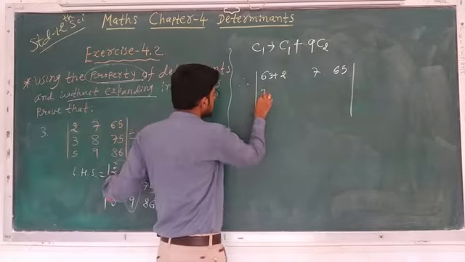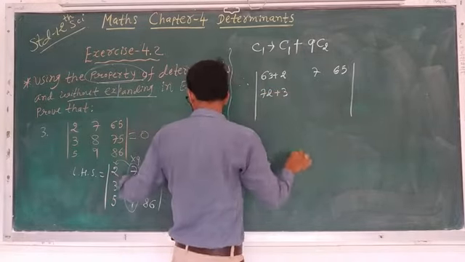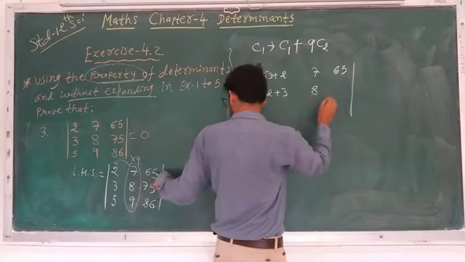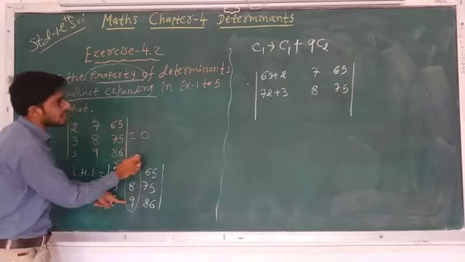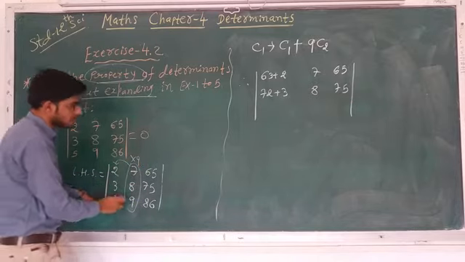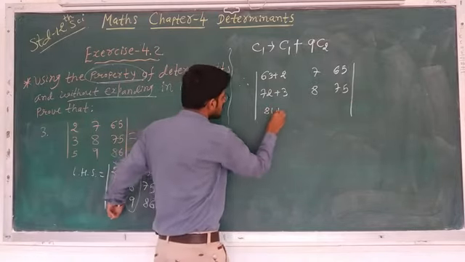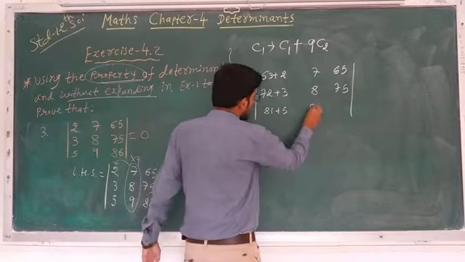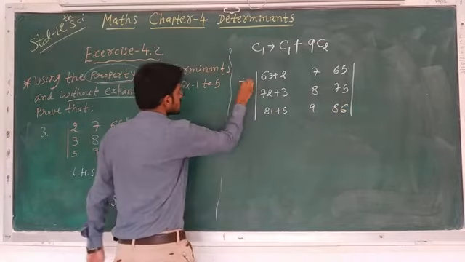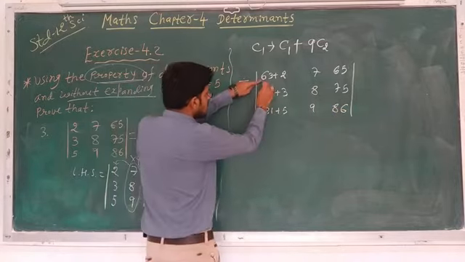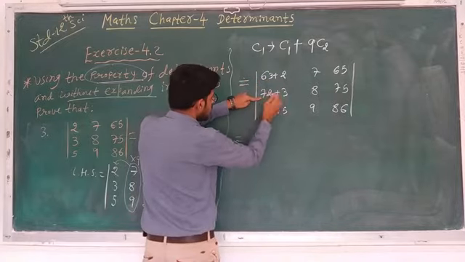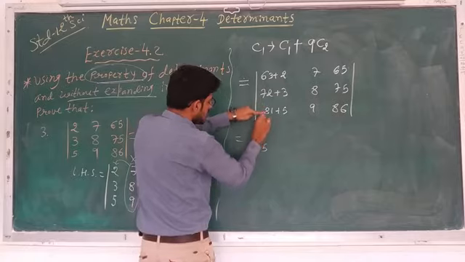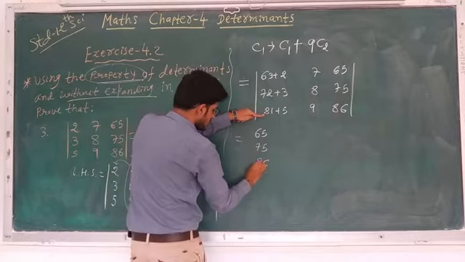Second column as it is, 8, 75. Same thing, we will multiply by 9, so 9 9s are 81, 81 plus 5, and 9, 86 as it is. Simplifying, 63 plus 2 is 65, 72 plus 3 is 75, 81 plus 5 is 86.